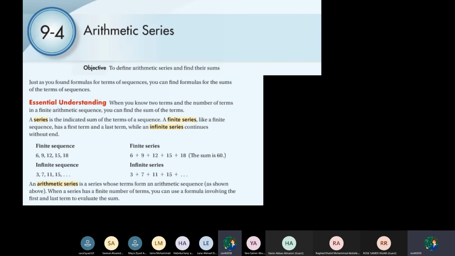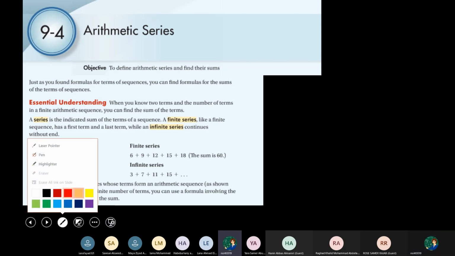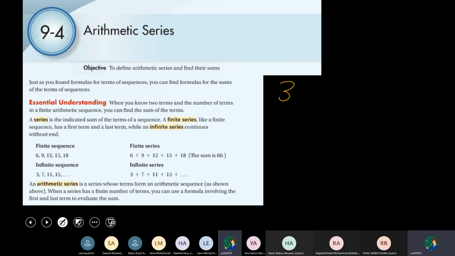Now, as we said, in the arithmetic sequence, we have 3, 6, 9, 12. These 4 numbers are in an arithmetic sequence. Why? Because they have a common difference and they are an ordered list of numbers, so we can name it an arithmetic sequence.